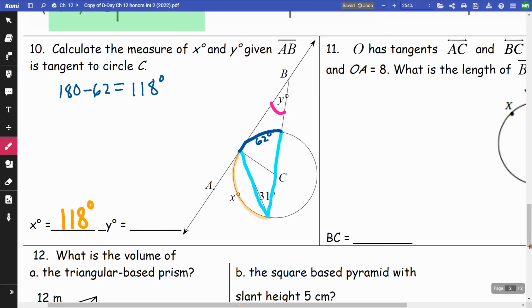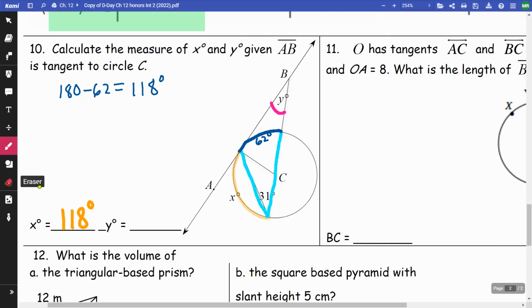Now I'm trying to find the angle at y. To find that angle, I am going to just get rid of this right here for a second.